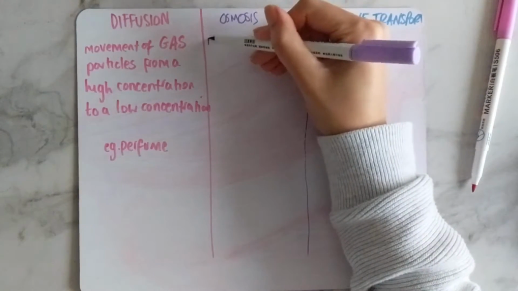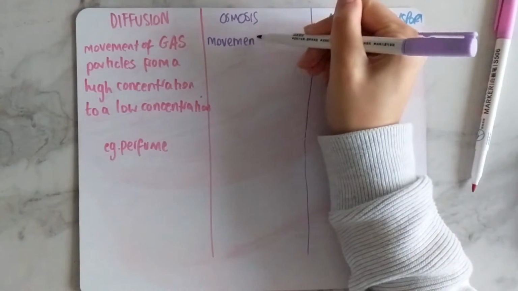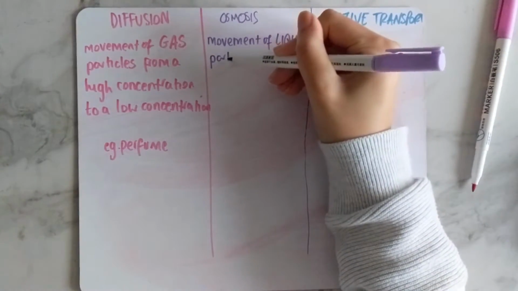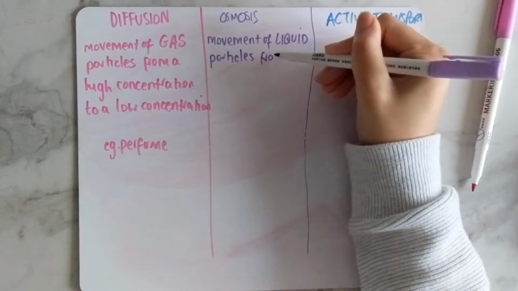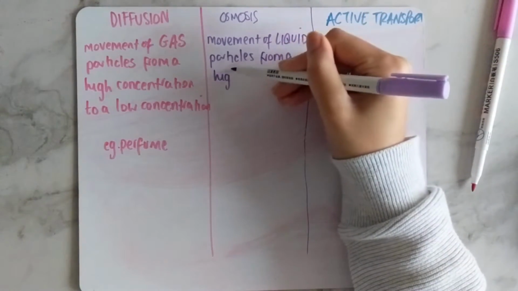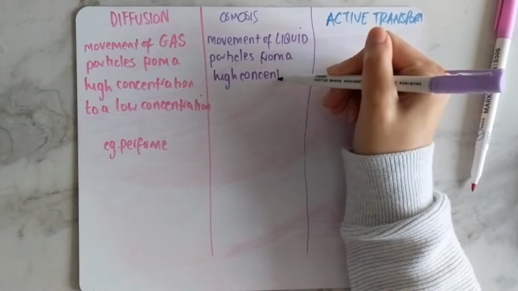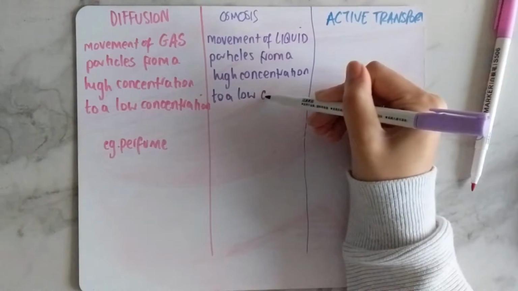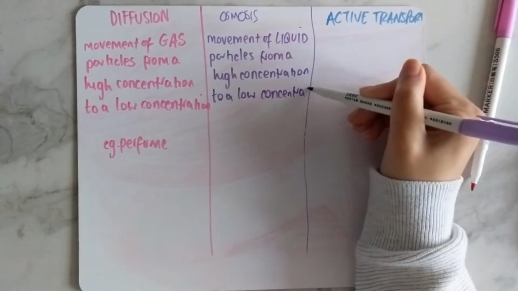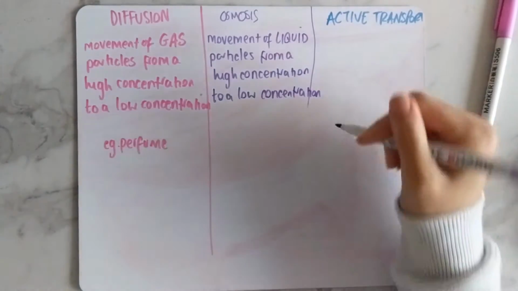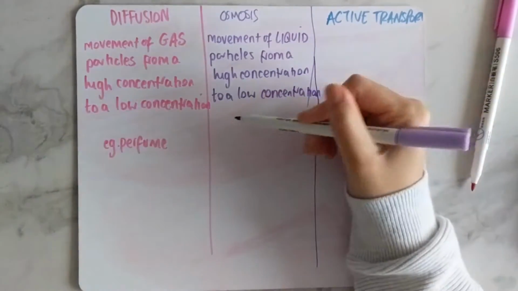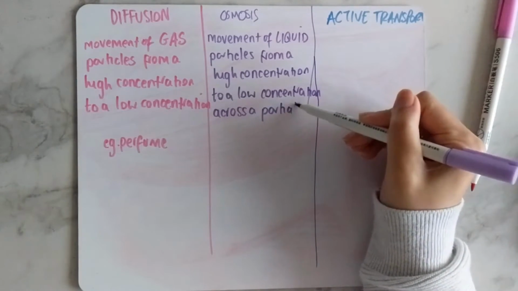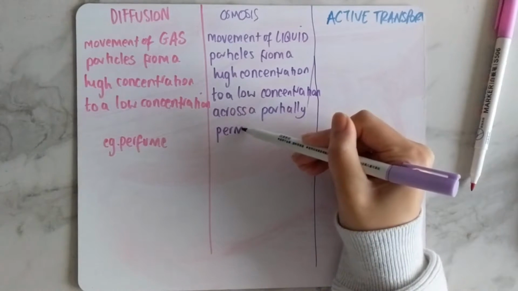So osmosis is the movement of liquid particles from a high concentration to a low concentration across a partially permeable membrane.